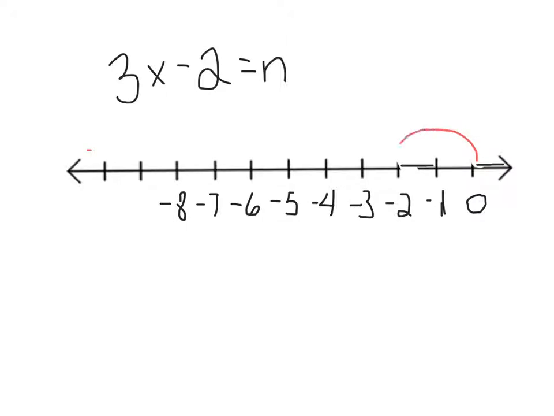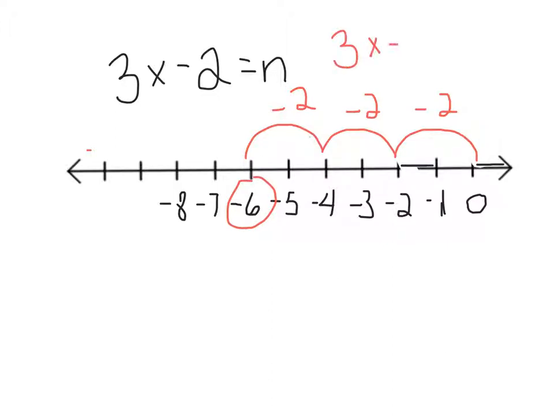So it's 1, 2, 3. We went back 3 times, and each time we went back, it was negative 2 places. Once we do that, we see our answer is negative 6.